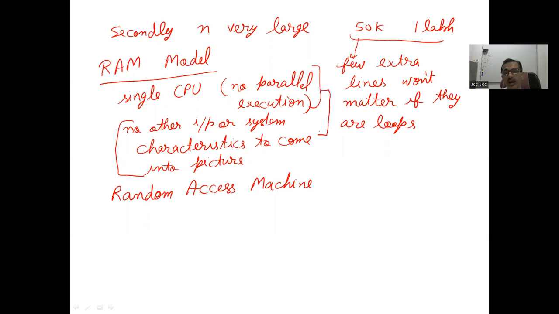So these two aspects collectively are assumed characteristics of the corresponding random access machine, that is called the RAM model. Now, based on that, we are going to do the analysis, means just try to have the step count.